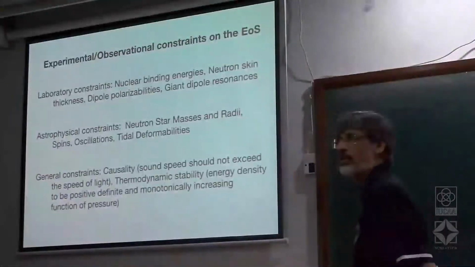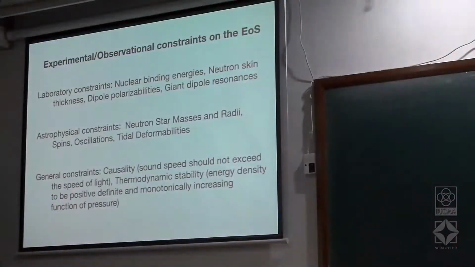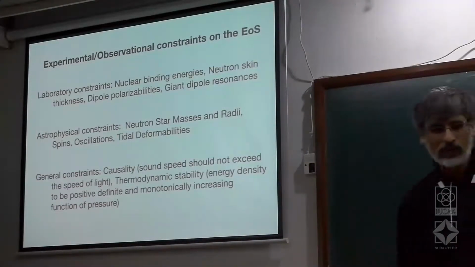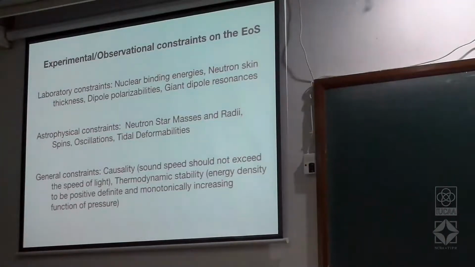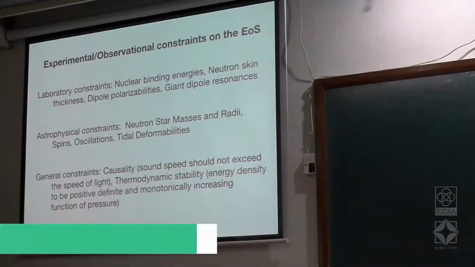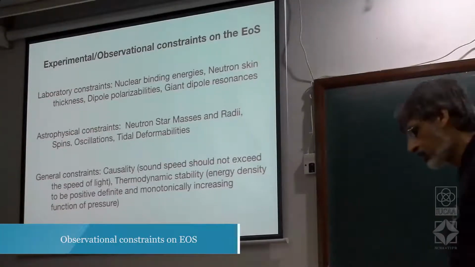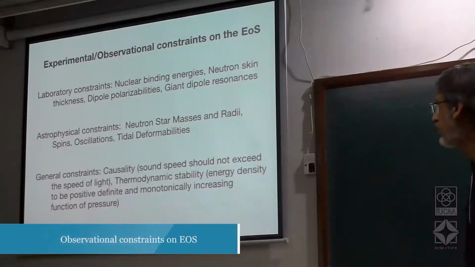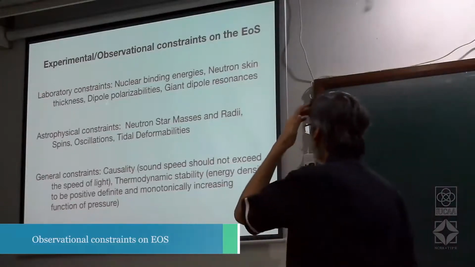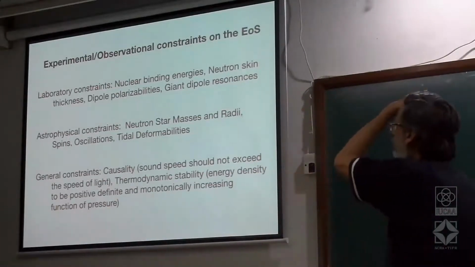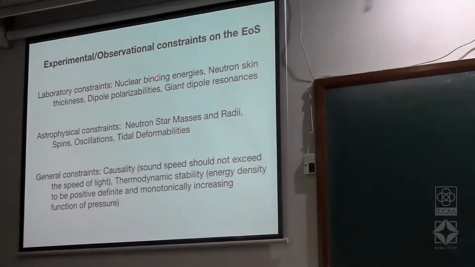So now, what kind of experimental and observational constraints are we able to derive on the equation of state, which can then tell us something about the properties of nuclear matter? We do have laboratory constraints. For example, we can measure nuclear binding energies.